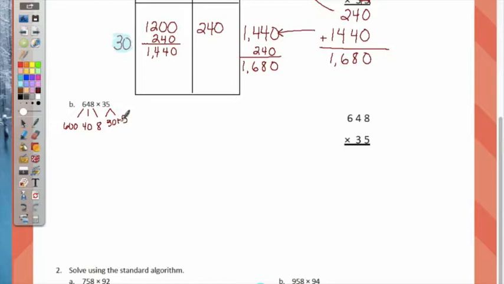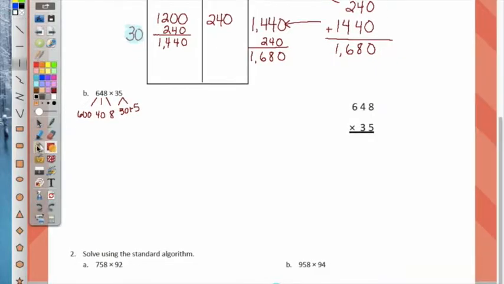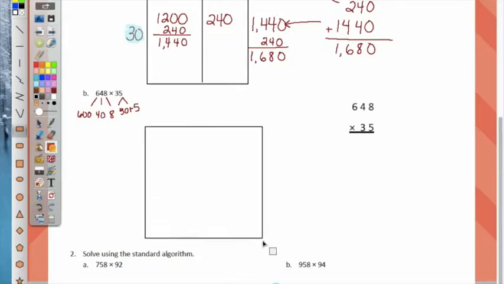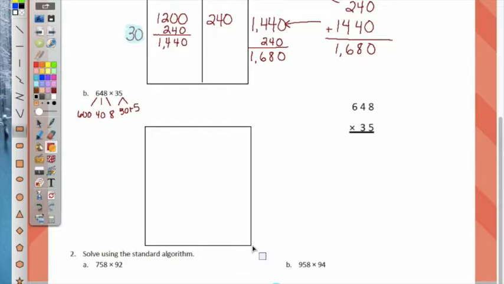So when I draw my area model, I might want to make it a little wider this time, just to give myself room. I don't want to draw the first line too close to the top or I won't have room to add. So give yourself plenty of room there.